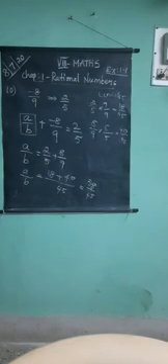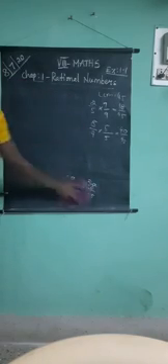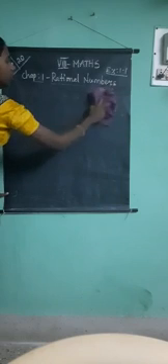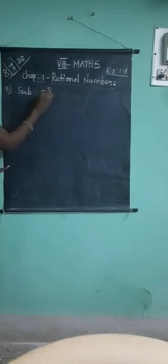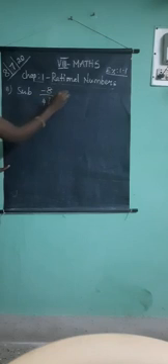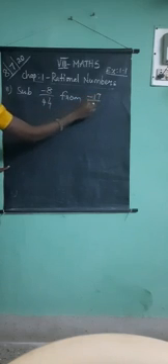Are you clear? The 10th problem is done. Now the 11th problem. The 11th problem is: subtract minus 8 by 44 from minus 17 by 11.